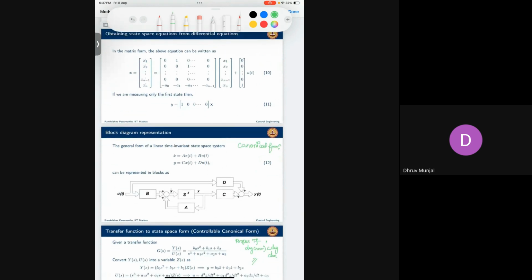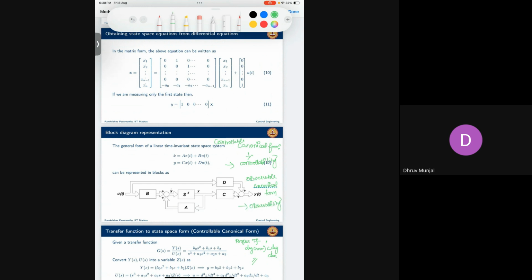First of all, this preserves the property of controllability, this kind of representation. So this is the controllable canonical form. Similarly, there is an observable canonical form, which preserves the properties of observability.